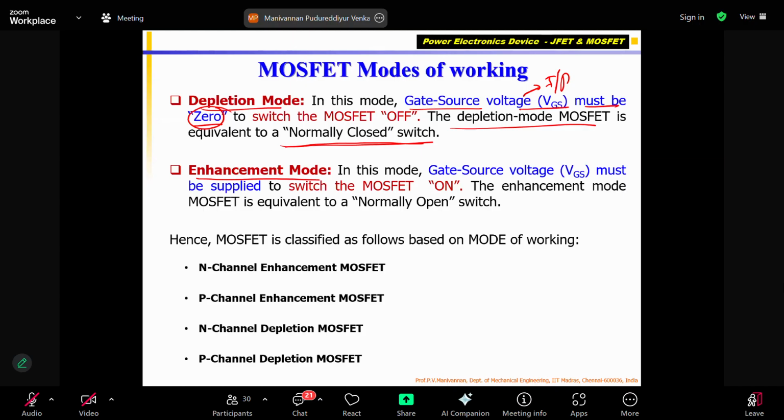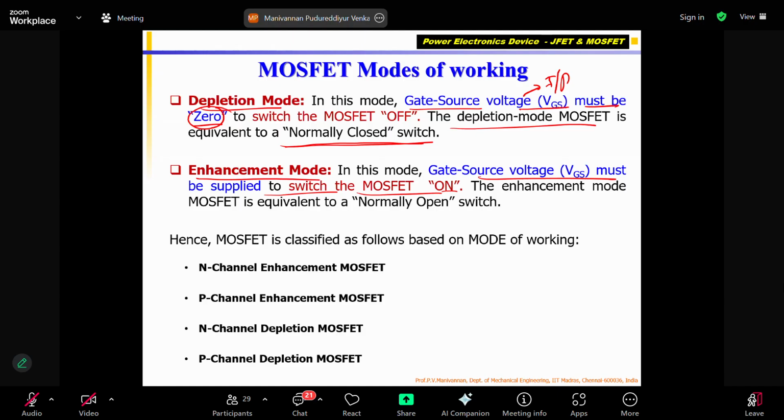In enhancement mode, only when you apply gate voltage, whether a positive voltage in the case of N-channel MOSFET or negative in the case of P-channel MOSFET, which works in enhancement mode, current will flow, conduction will happen. Only when VGS is supplied will the MOSFET switch on or off. For 0 volts, it won't work. But in depletion mode, at 0 volts, some amount of current will be going.